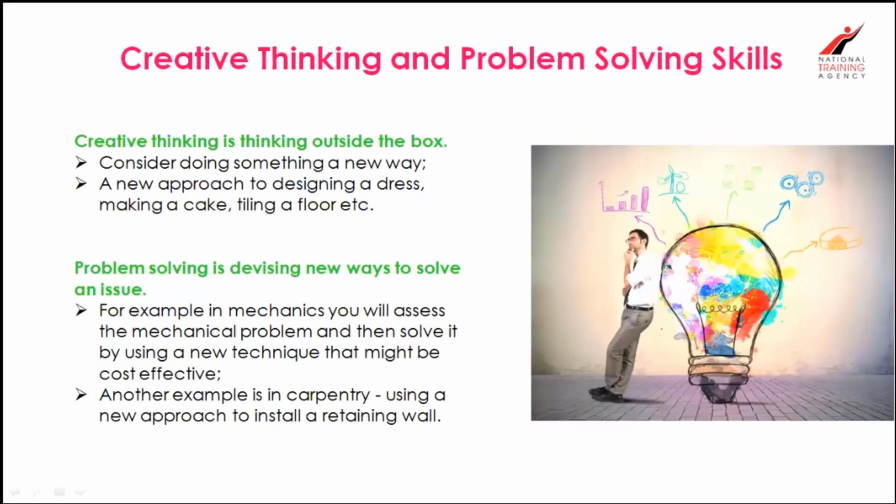Creative thinking and problem-solving skills is the other set of skills that we must have. So creative thinking is thinking outside the box, thinking of new and innovative ways that we can conduct business. So consider doing something a new way, a new approach to designing a dress or making a cake or tiling a floor. So for example, let's take John again. So John is thinking about creating a business.